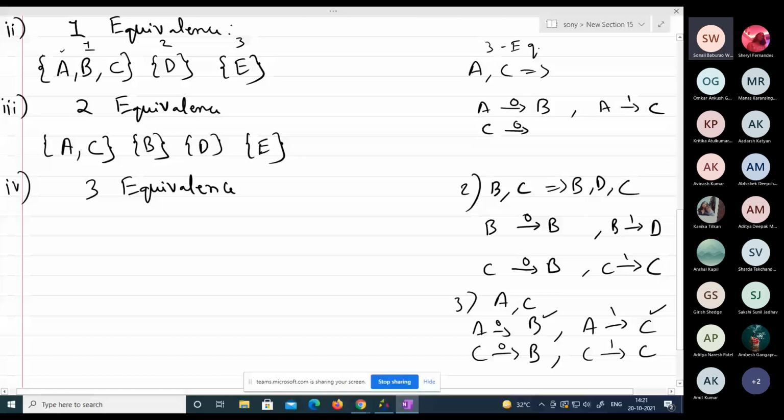Check here whether that is accepted or not. They're in different groups in the previous equivalence. Yes, they are in different groups. Why is that so? Because in the second equivalence, B and C are in different sets. So it means that you cannot proceed further.